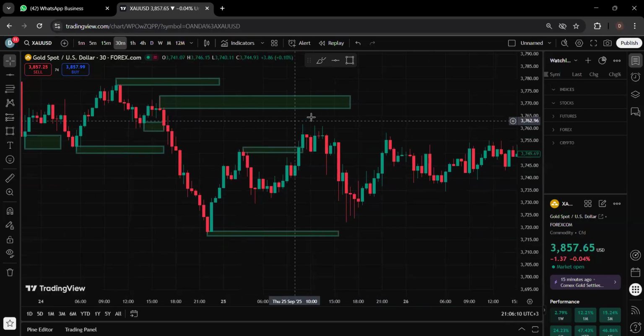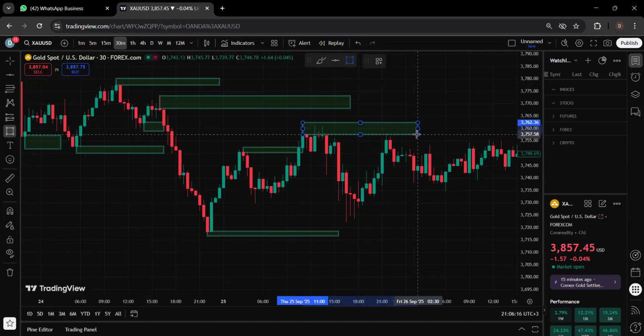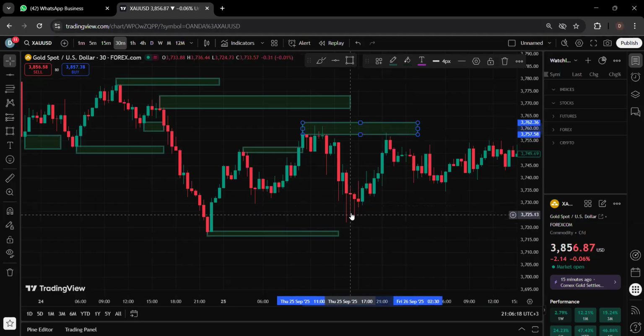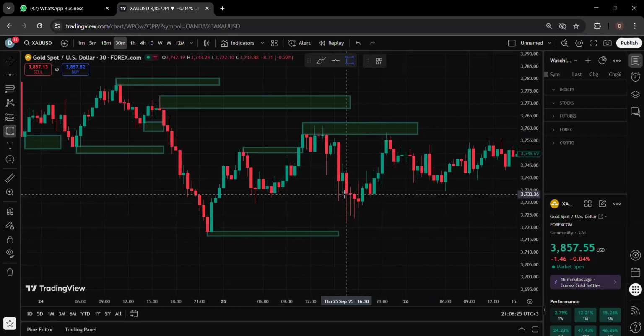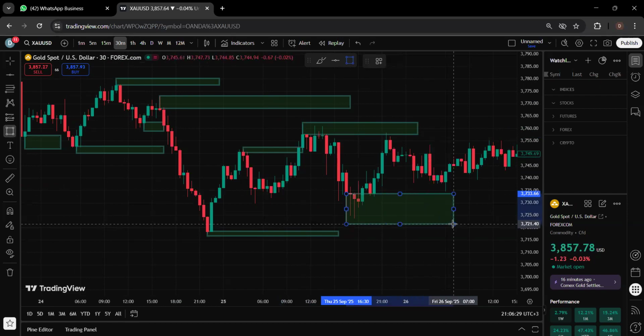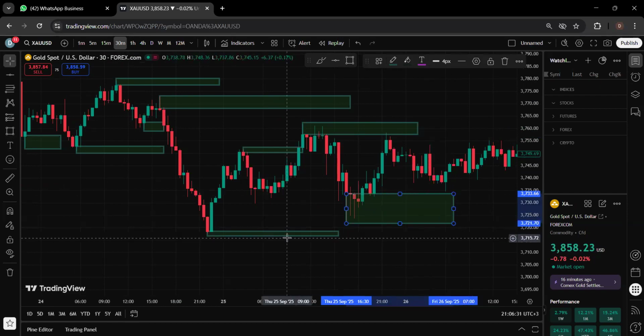Again, look at this area here. This is the tallest wick. Draw that tallest wick, this one here. At this area, you can see this is the tallest wick. You can draw the entire wick. That's the tallest one, like that. So that's how you identify your support and resistance.